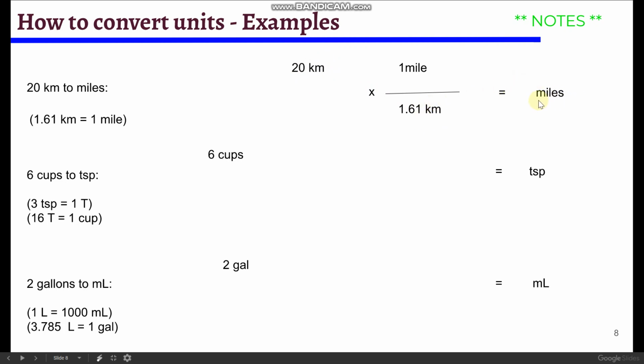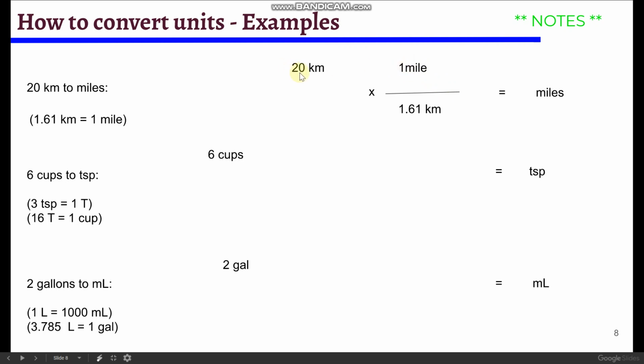And we always write the units that we're converting to on top. So, how do we calculate this? Well, what you would actually type in your calculator is 20 times 1. In fact, I might actually show this on just a Google calculator in just a second here.